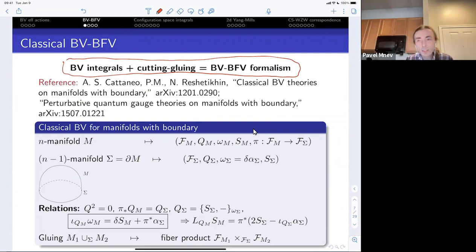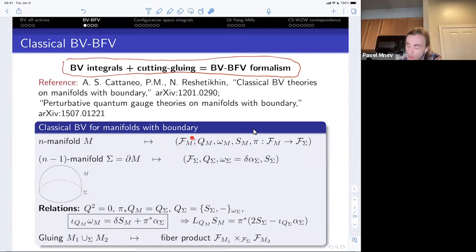And on the classical level, it's again some kind of supergeometric package attached to the bulk manifold M and some supergeometric package attached to its boundary, which I call sigma. So the packages are like that. This is a picture of a manifold with boundary.